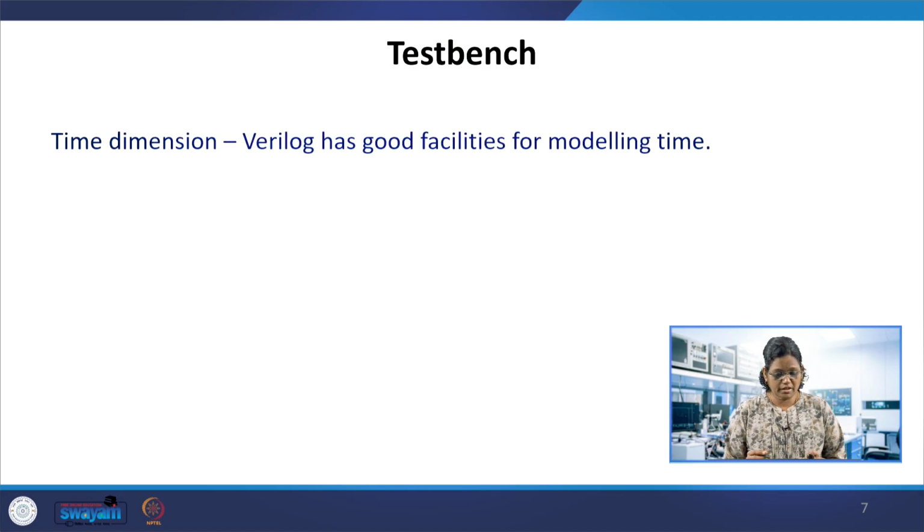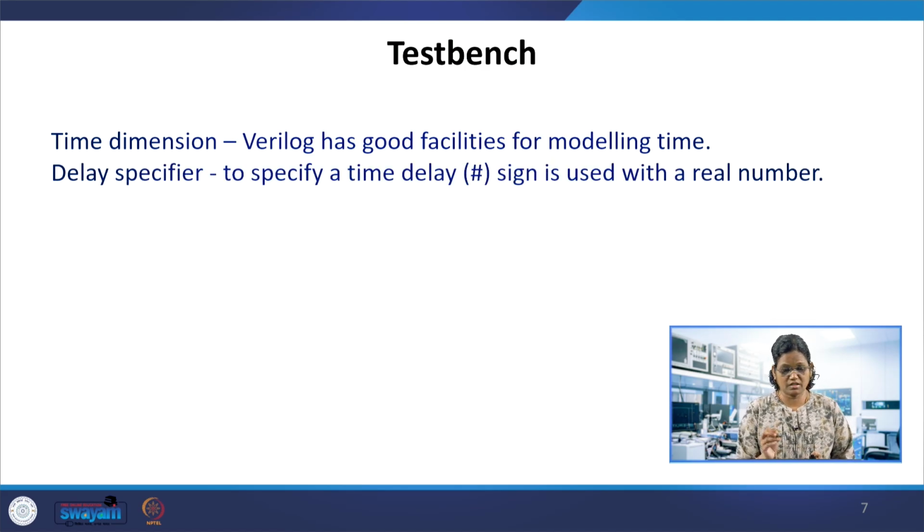Now the time dimension of the Verilog test bench: how time is handled in the test bench. It has good facilities for modeling time. As I mentioned in the previous slides, it is the time delay using the hash sign, used with a number, like hash 100 or hash 50, in the delay specifier.